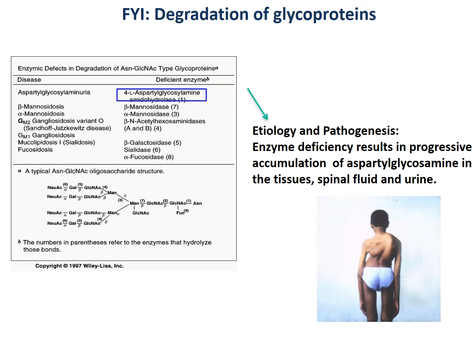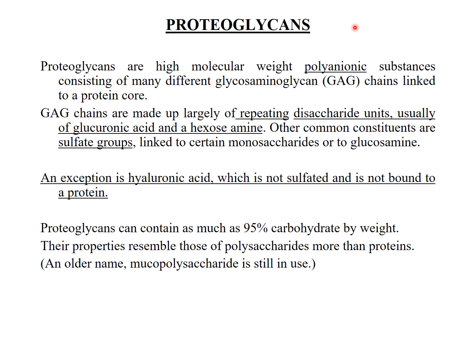So, proteoglycans, the second group. You remember proteoglycans are the proteins that are substituted covalently with glycosaminoglycan or GAG chains. These GAG chains contain repeating disaccharide units, and usually these repeating disaccharide units are either glucuronic acid or a modified sugar.